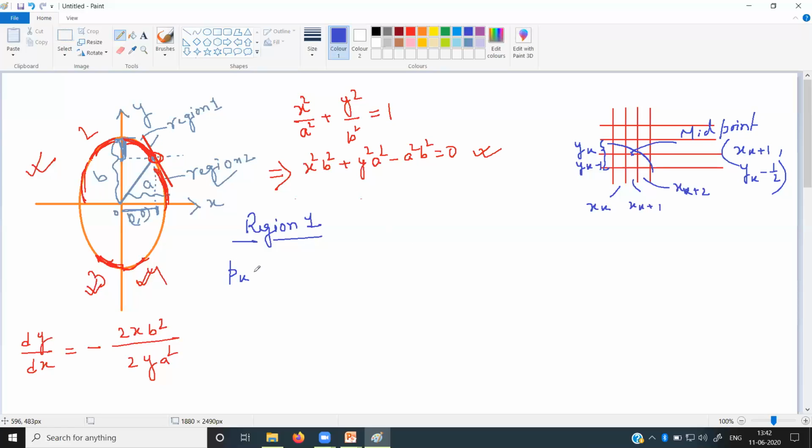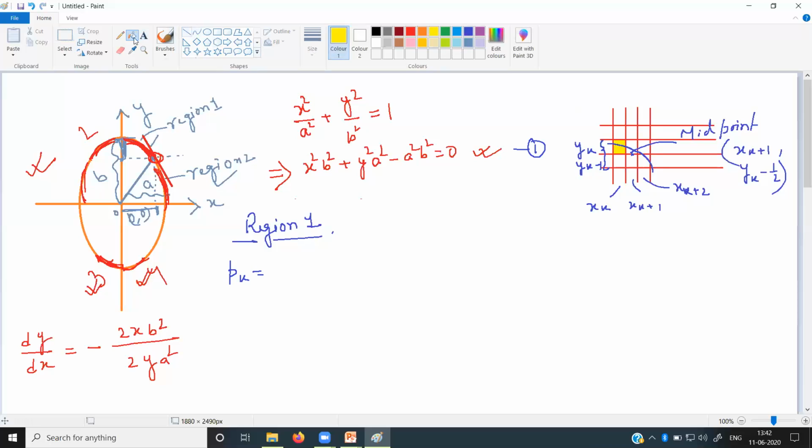So the decision parameter for the kth iteration will be based on this equation, let us say it is equation 1. Based on equation 1, I will replace this x by xk. Assume that this particular cell is already illuminated.